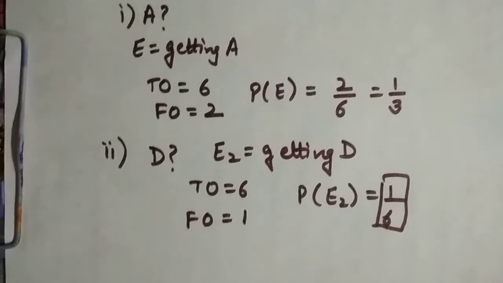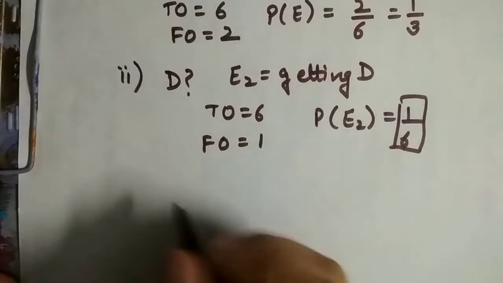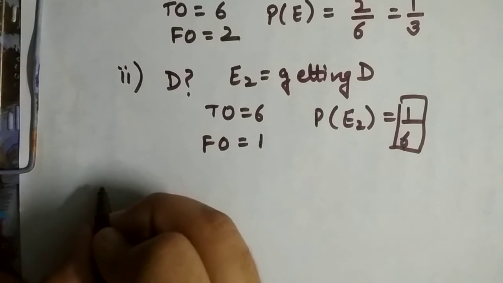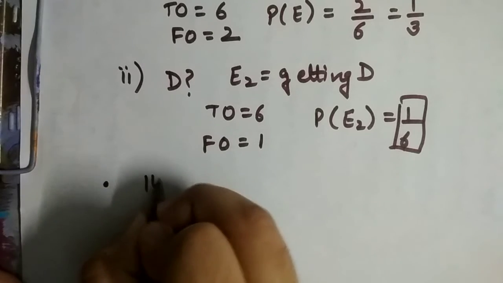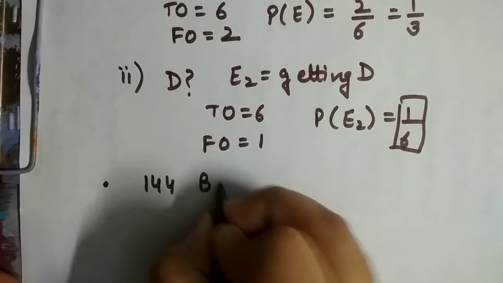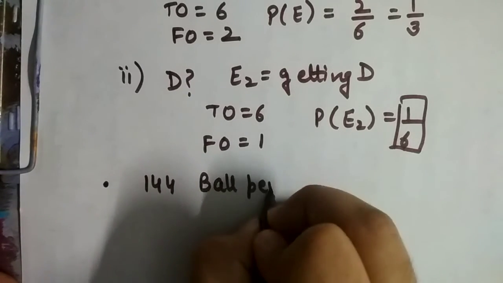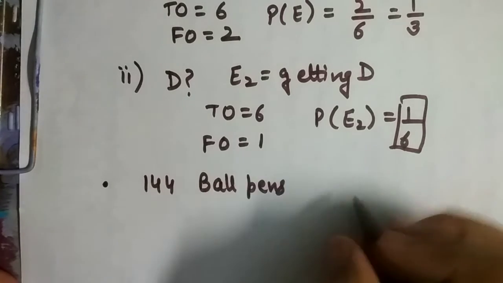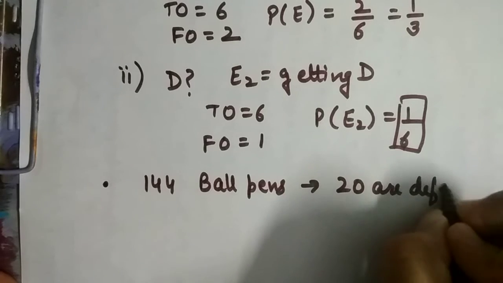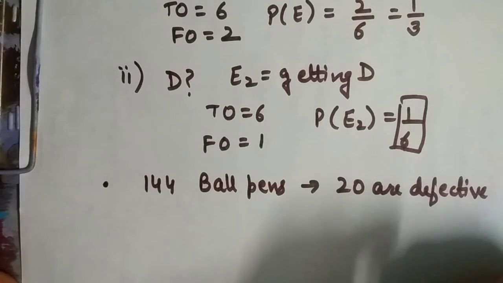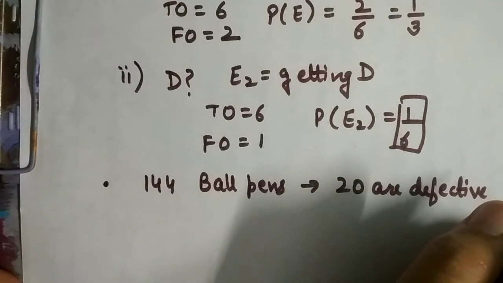Now there is another question which is similar to the one we did previously. A lot consists of 144 ball pens, of which 20 are defective, and others are good.